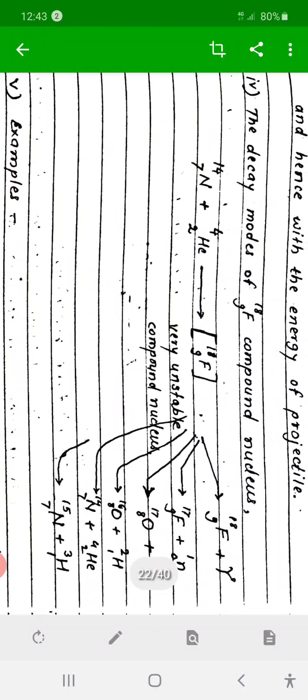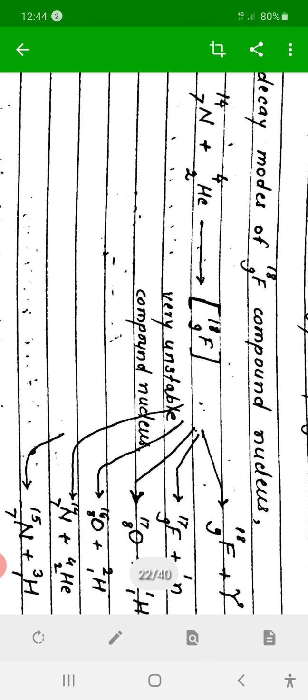For example, we explain this nuclear transmutation reaction with the help of the compound nucleus theory. Consider one example: nitrogen-14 (7N14), which is the target here, bombarded with an alpha particle, that is helium-4 (2He4), generates a compound nucleus which is very unstable. Why very unstable? Because it is highly energetic, and we know that any highly energetic species is unstable.